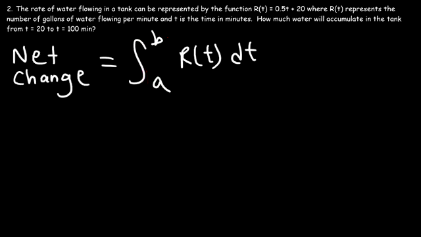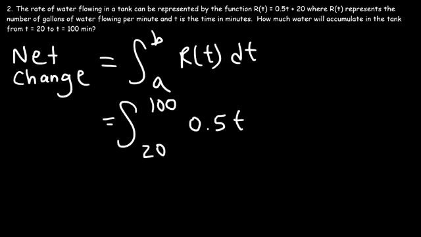So going back to this problem, to calculate how much water will accumulate in the tank in those 80 minutes, we can see that a is 20, that's the lower limit. b is 100. r of t is 0.5t plus 20. So let's go ahead and find the antiderivative of 0.5t and 20.